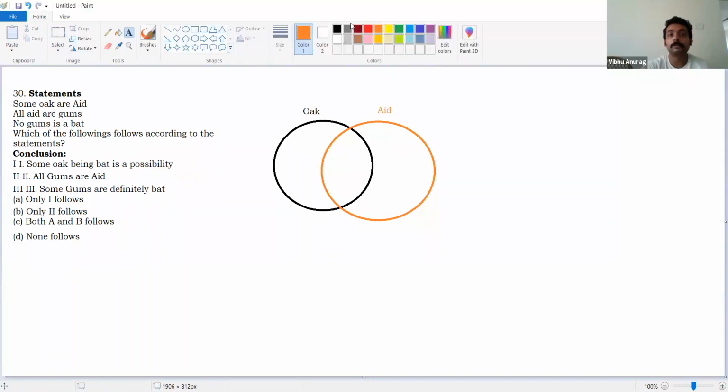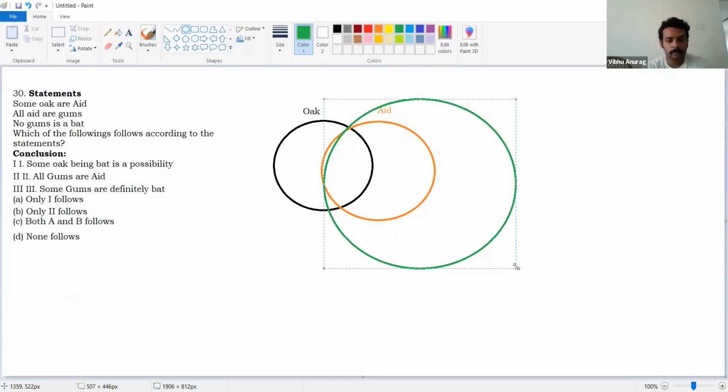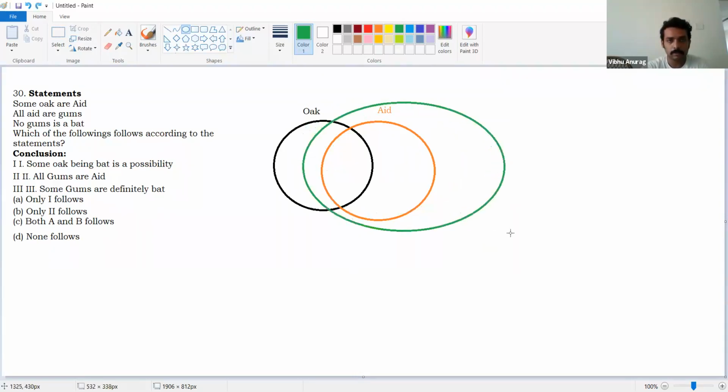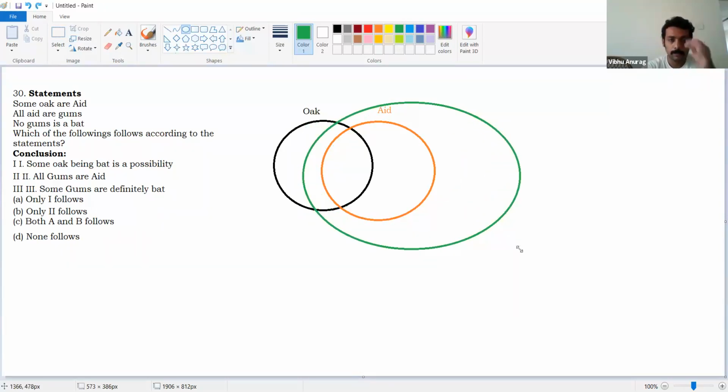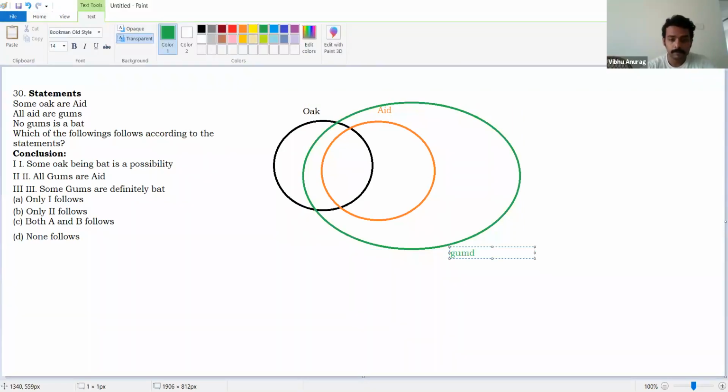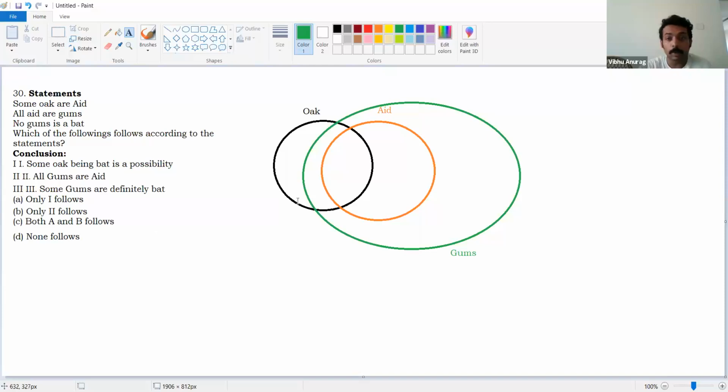All aid are gums. All aid are gums. No gum is a bat.